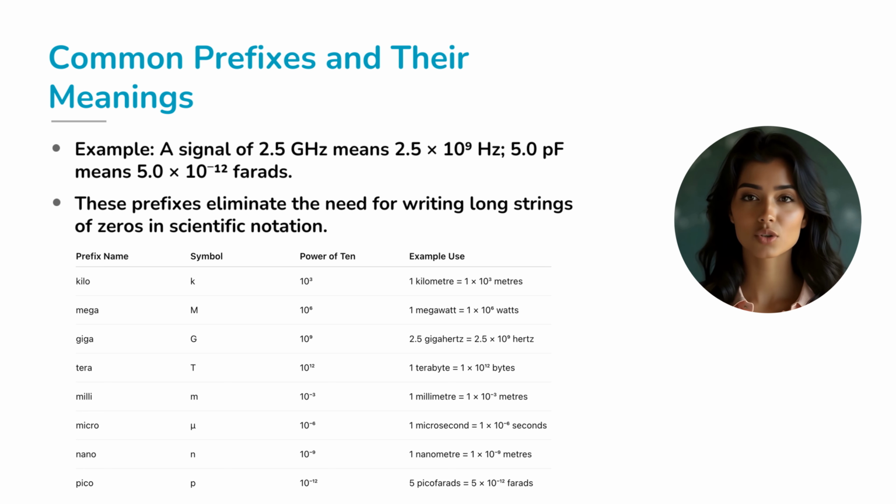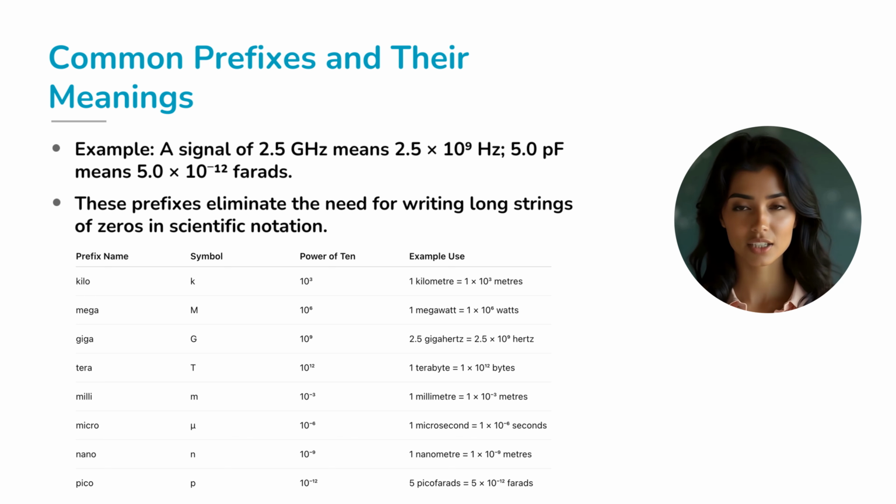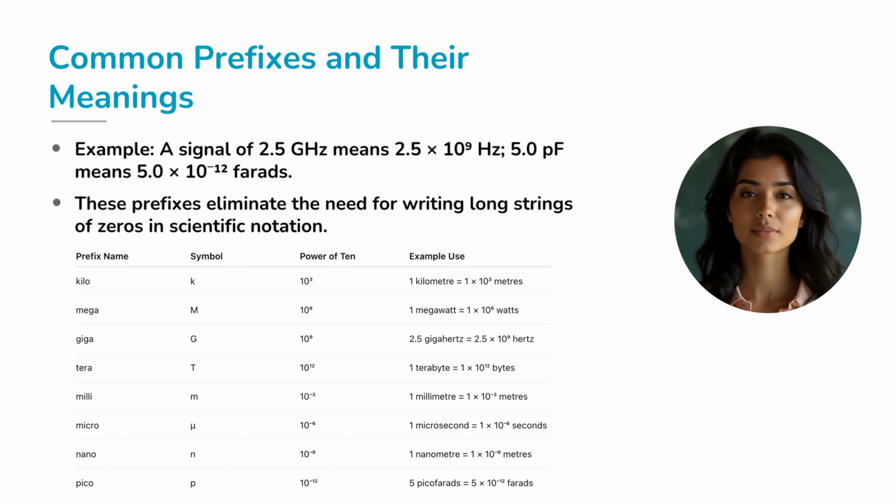Then comes micro, symbol mu, 10 raised to the power minus 6, and nano, symbol n, which is 10 raised to the power minus 9. Let's take a few examples. A signal of 2.5 GHz means 2.5 times 10 raised to the power 9 Hz. A capacitance of 5 picofarad means 5 times 10 raised to the power minus 12 farads.